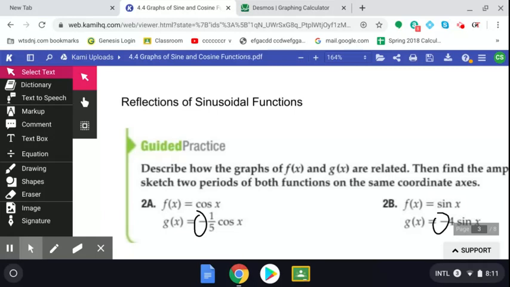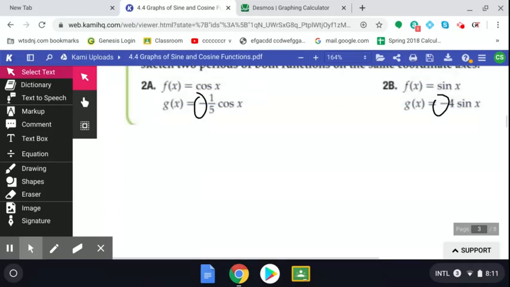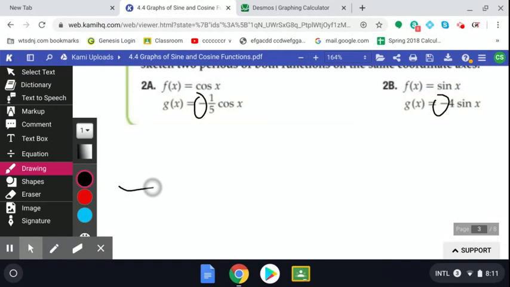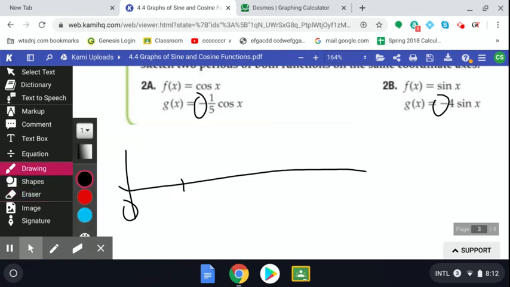Now, cosine x, you already know what it looks like. We're going to have 0, and then pi over 2 for our points on the x-axis. We're going to have pi, 3 pi over 2, and 2 pi.